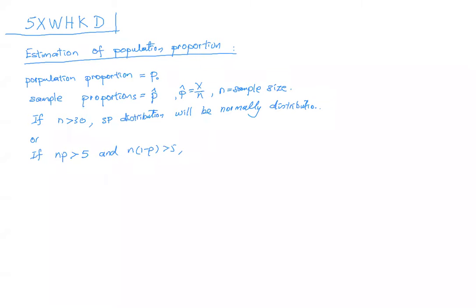So if NP is greater than 5 and NQ is greater than 5, then the sample proportion distribution will be normally distributed.